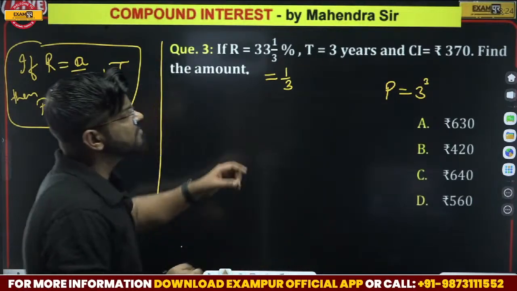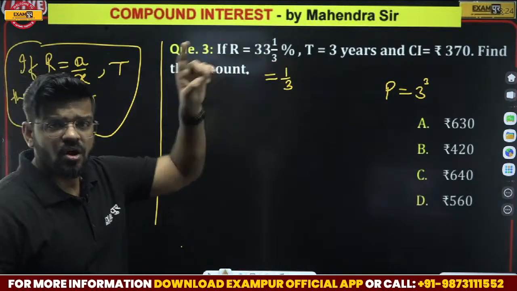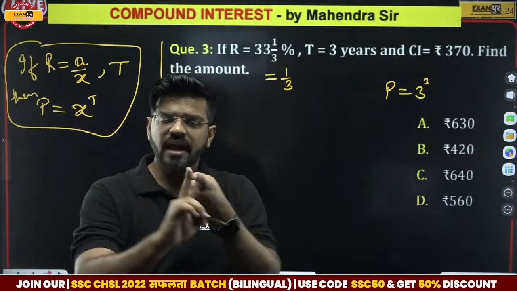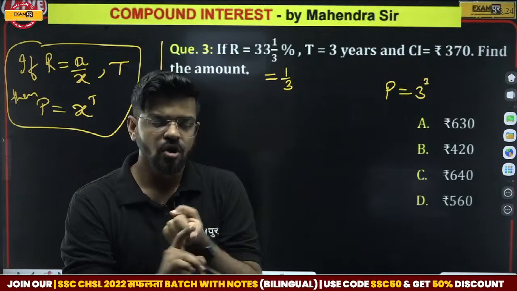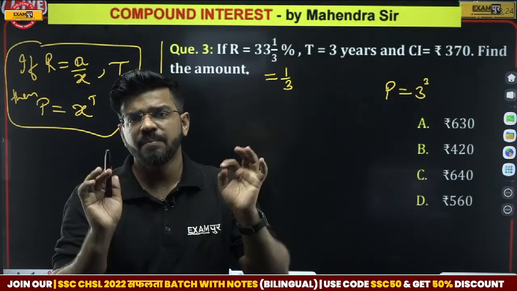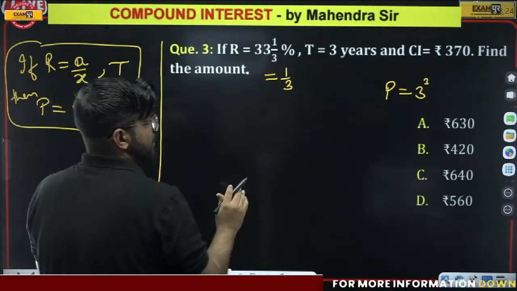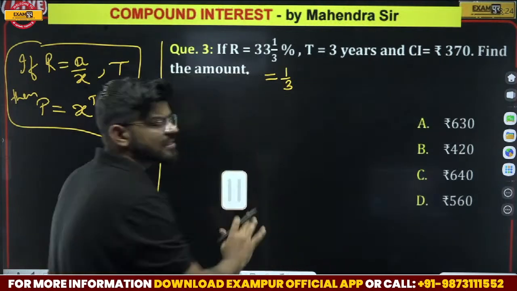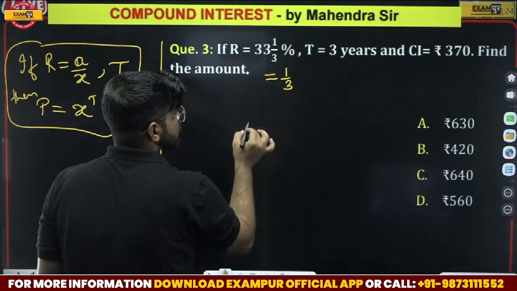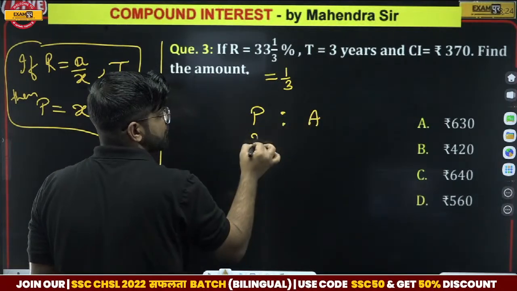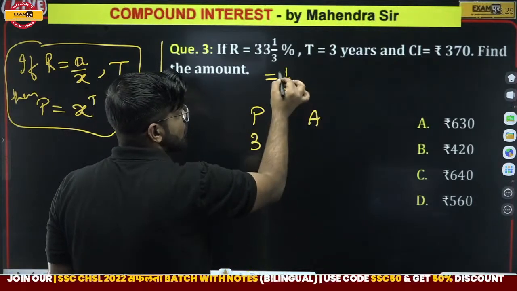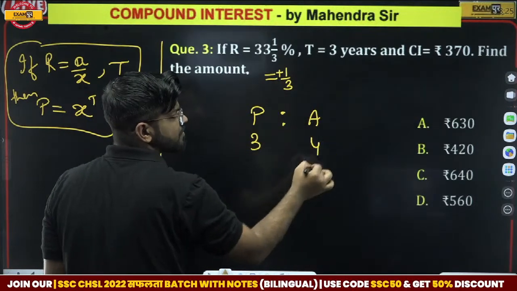But what is given here? CI is given. Always remember, if the amount is given, or CI is given, or principal is given, then the best method is the ratio method. Then you don't have to use the slab method. So for the ratio method, if P is 3, then A will be 1 more, that means 4.